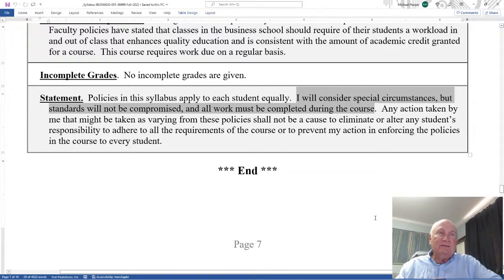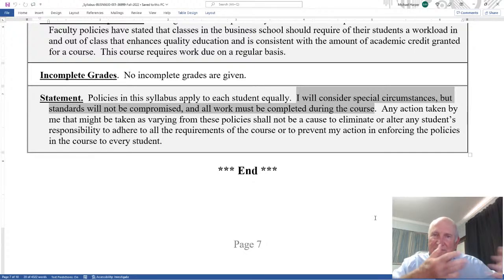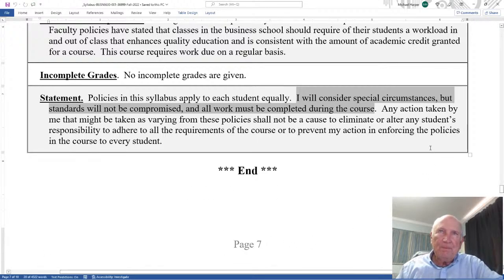One example of that is, if the policy is to submit everything through Canvas, but Canvas goes down, you can email me, or you can Canvas message me and assign it or attach it to a memo or something. I'll accept that. It's by the due date and time. The standards have not been compromised, and the work has been submitted. But the standards will not be lowered or eliminated, and you can't submit things after the due date and time.